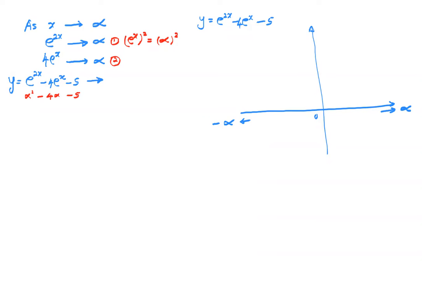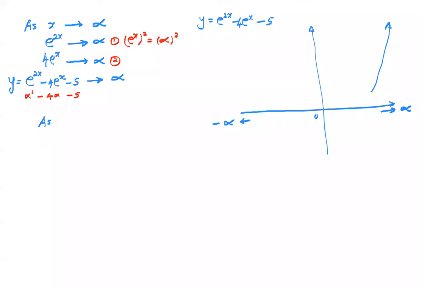Infinity. Yes, you are right. So it goes like that here, right? So there is no boundary. So there is no horizontal asymptote on the right side. Correct?